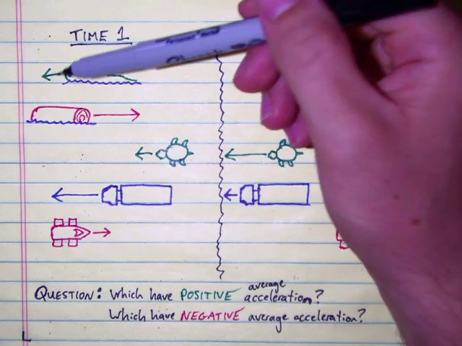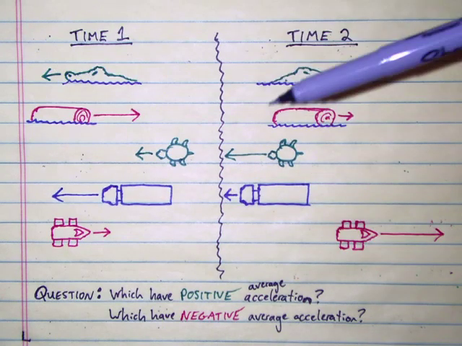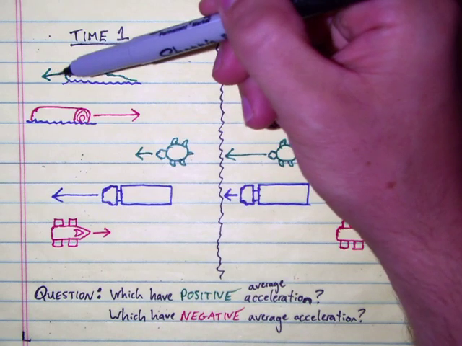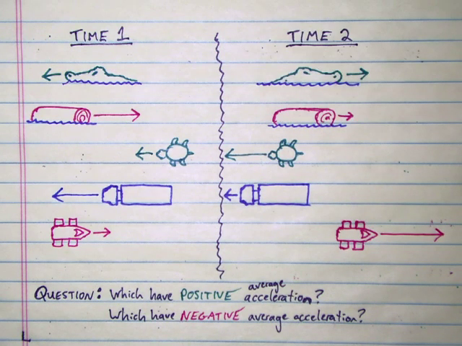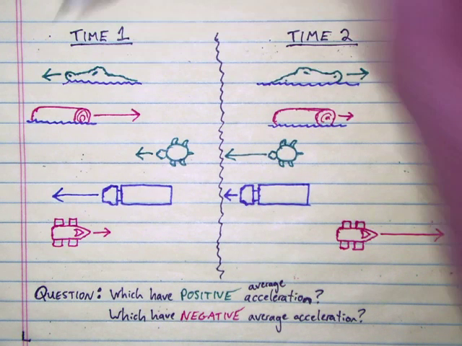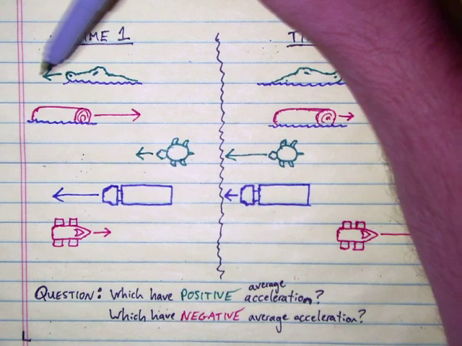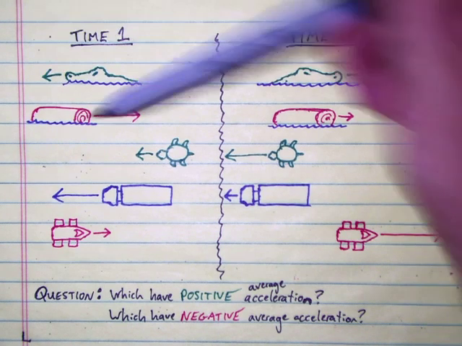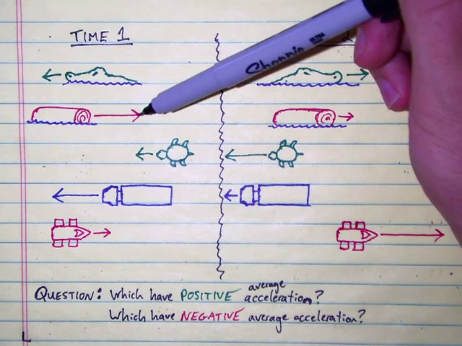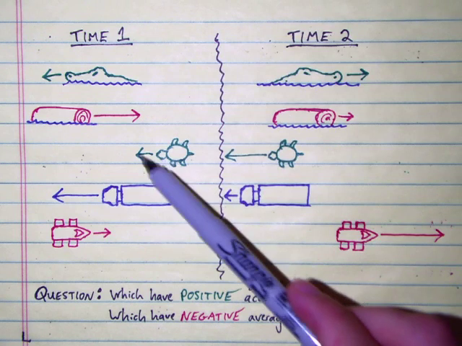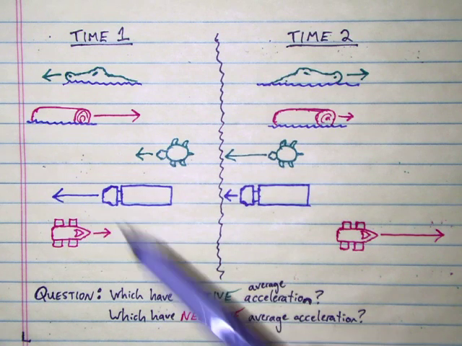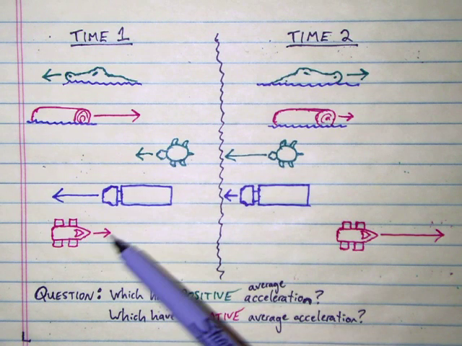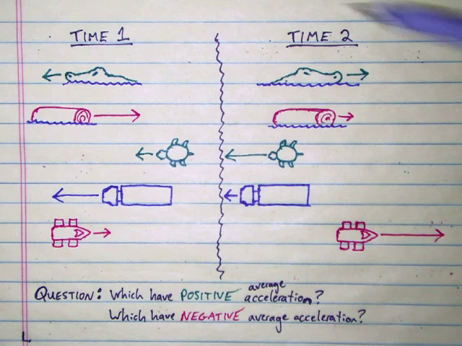And the arrow indicates the velocity of each object. So a short arrow indicates a small velocity, a large arrow indicates a large velocity. So for instance, at time 1, our gator has a small negative velocity, our log has a large positive velocity, our turtle has a small negative velocity, the truck has a large negative velocity, and the race car has a small positive velocity. And you can see how each of those has changed by time 2.